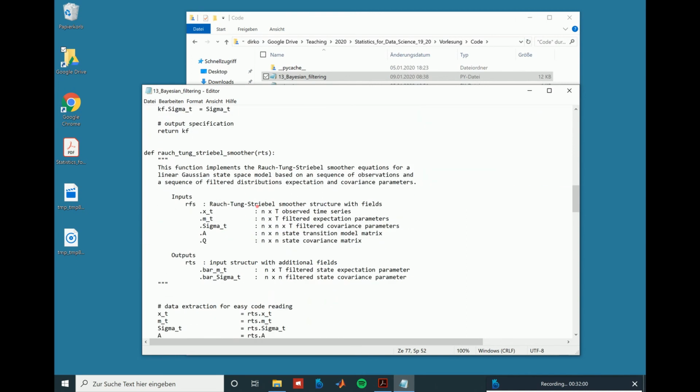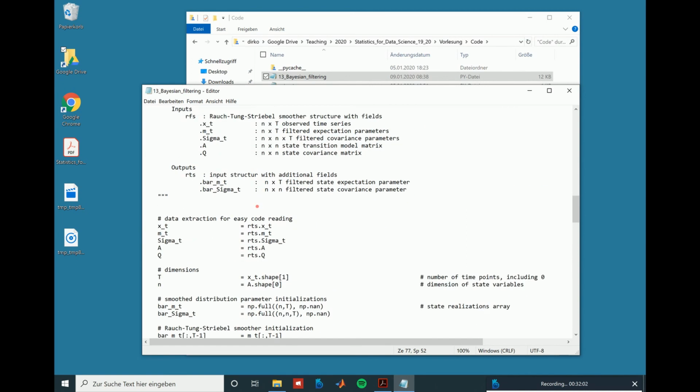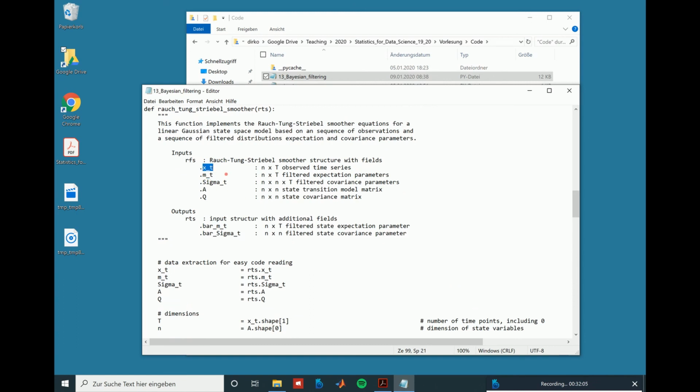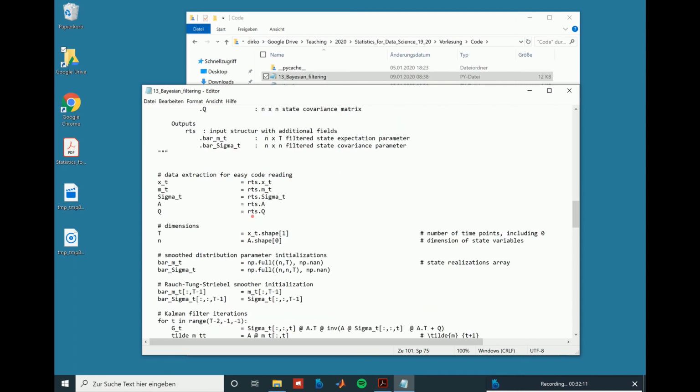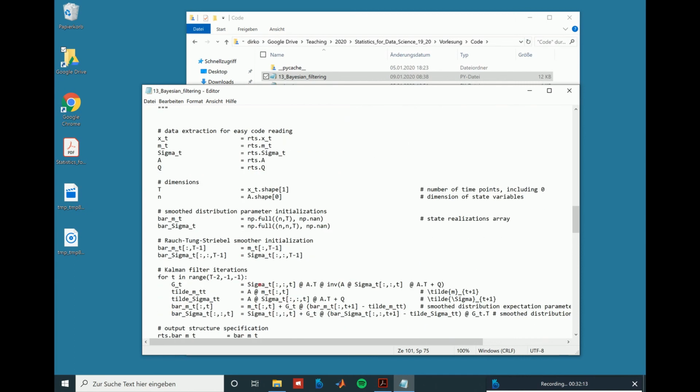And for the Rauch-Tung-Striebel smoother, you start with the observations and your filtered data. In this case, the predictions are computed again. You could also look up the predictions, but then you would have to go into your Kalman filter distributions and shift everything by one index, or you just compute this again.